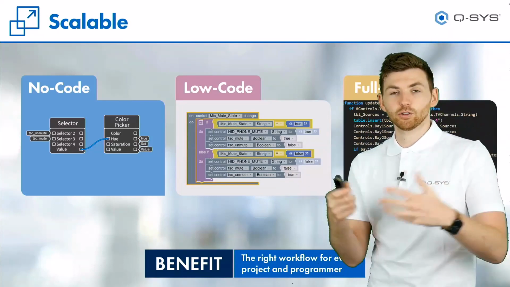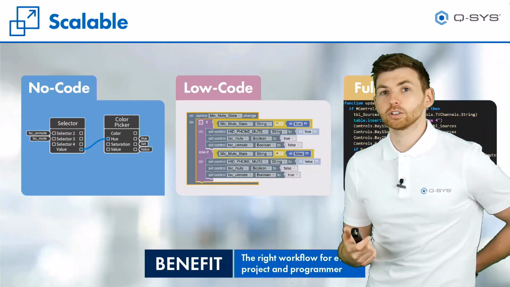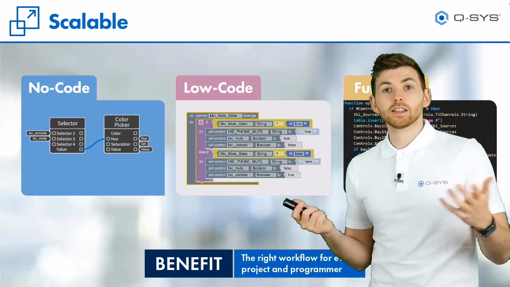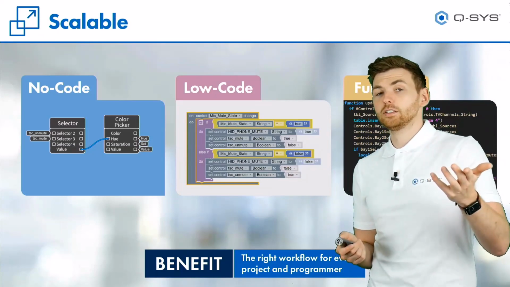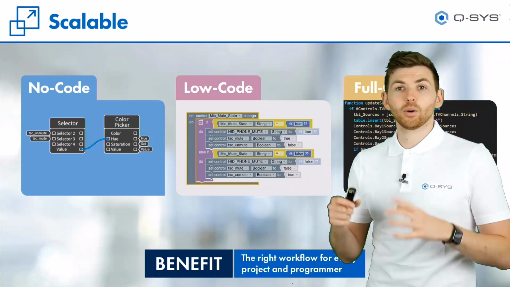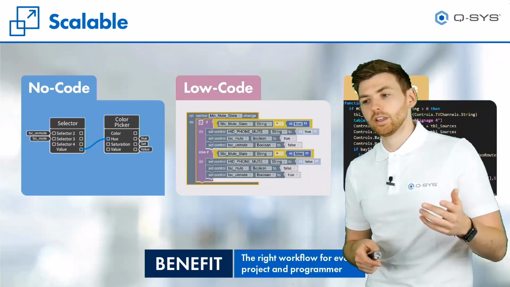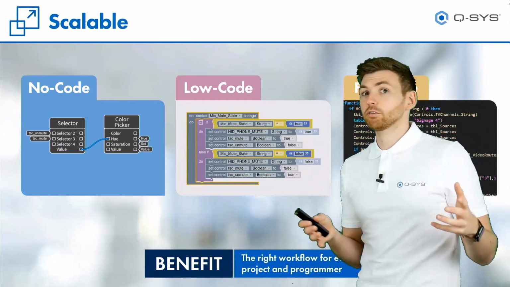Any Q-SYS peripheral that's tied in to that core, or third-party devices can be peripherals as well. So essentially that's the limit, 32 in total. You could have 32 Teams systems and that would be fine, and no other peripherals. Typically though, what we see is that the most you would typically do would be like a two-way or a three-way divisible room.